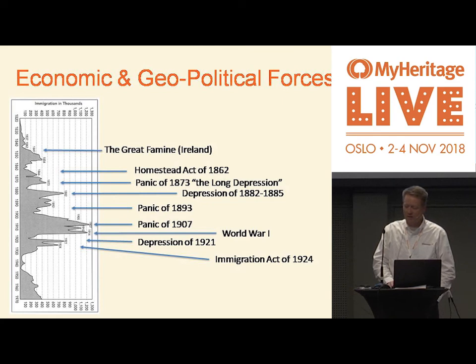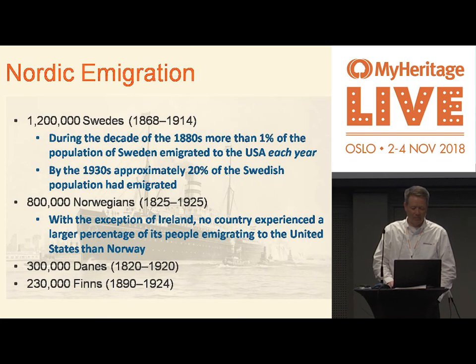not only to the United States, but Canada, Australia, other places that our ancestors would have gone, including South America. Just here, another brief snippet for you about Nordic immigration.